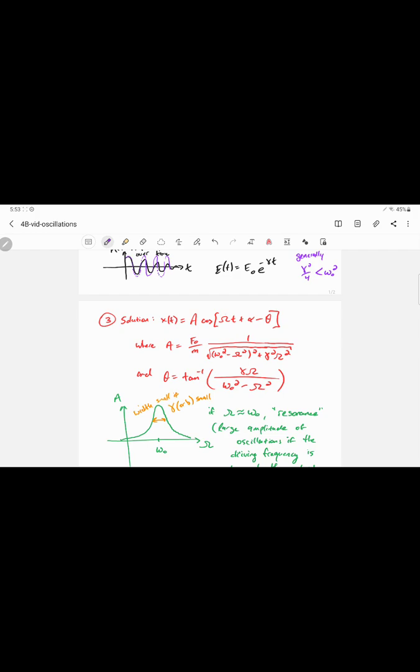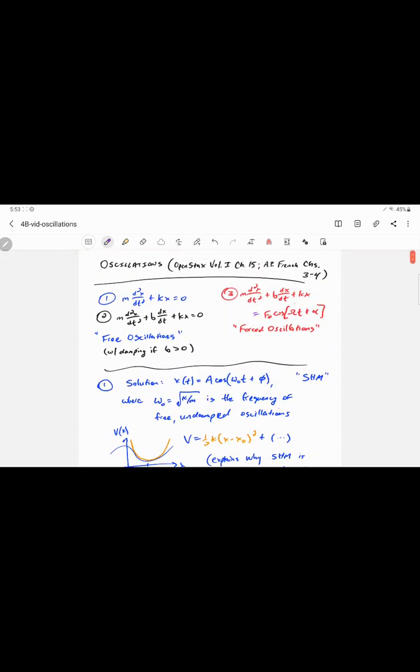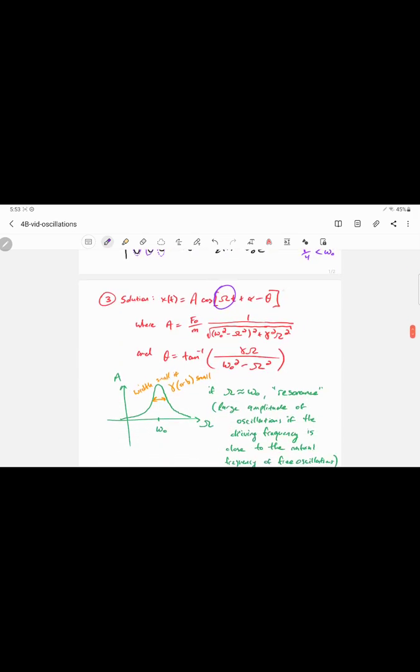What's interesting and maybe not expected right away is this right here. So we're told at the beginning of the problem that capital omega is the frequency of the forcing. So capital omega is the frequency with which someone's pushing. And then you have lowercase omega, which is the frequency of free oscillations with damping. It turns out that the actual motion of this object, the steady state motion over time, so in other words, if you wait a long time so that this thing will settle into the pattern that it's going to have over the long term, that frequency is going to be the frequency that it's forced at.